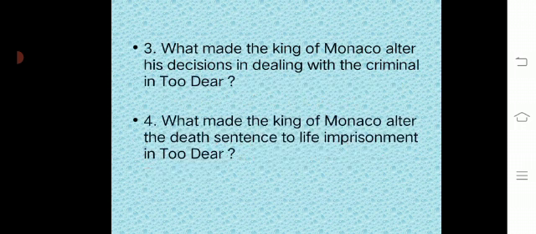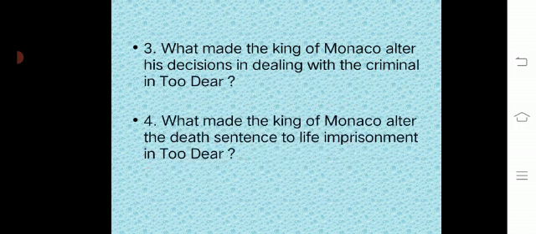What made the King of Monaco alter his decisions in dealing with the criminal in Unit 2? Now, question number 4. What made the King of Monaco alter the death sentence to life imprisonment in Unit 2?